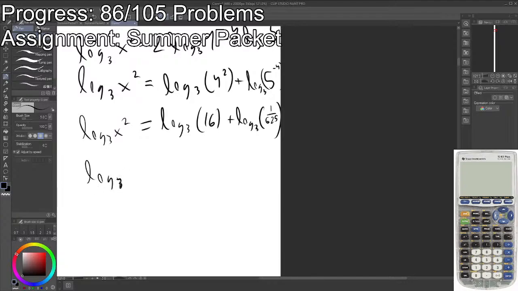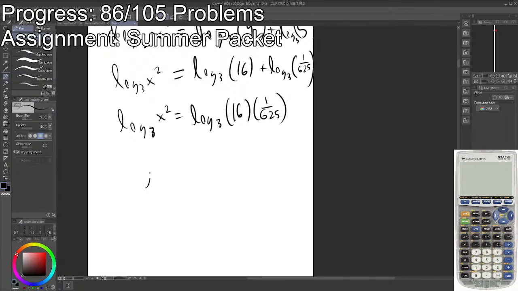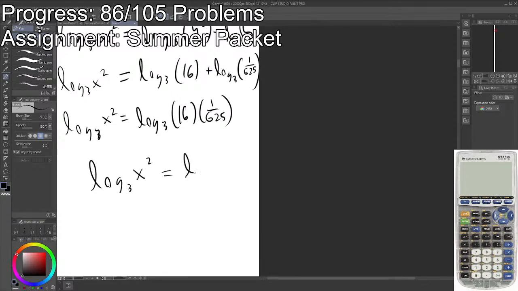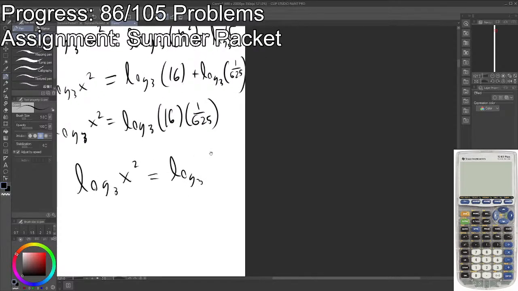And then multiply them together. 16/625.